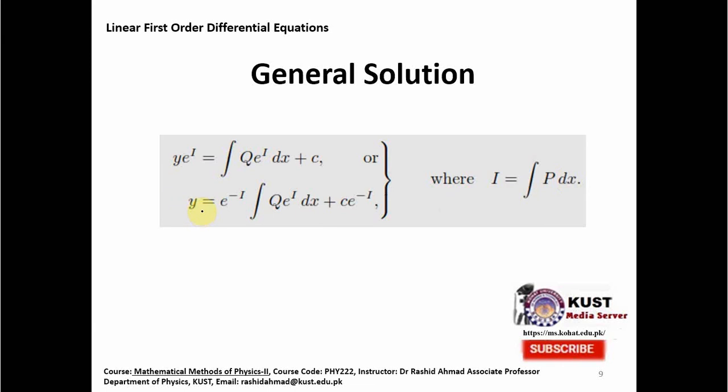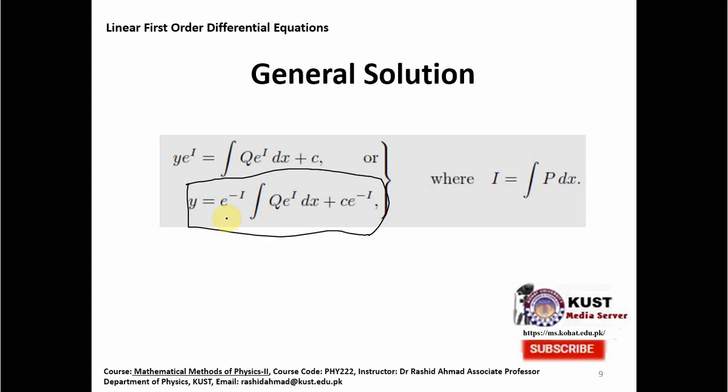So our general solution y is now, if we take this e raised to power I, that is the integrating factor, on the other side of the equation, it will become e raised to power minus I, and q e^I dx. This is the first part, and if we substitute back the c value and multiply this e raised to power minus I with this one as well, we get c into e raised to power minus I. So you see now this is the most general solution we have for the first order linear differential equation.